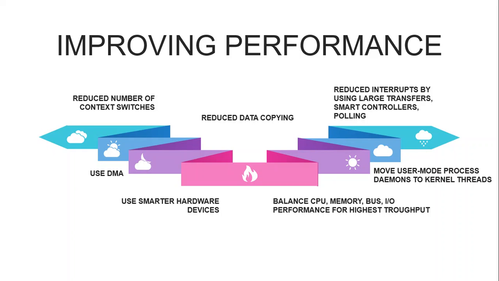You can use DMA, and you can use smarter hardware devices. We need to balance our CPU, memory, buses, and I/O performance for the highest throughput. And we can move user mode process daemons to kernel threads.